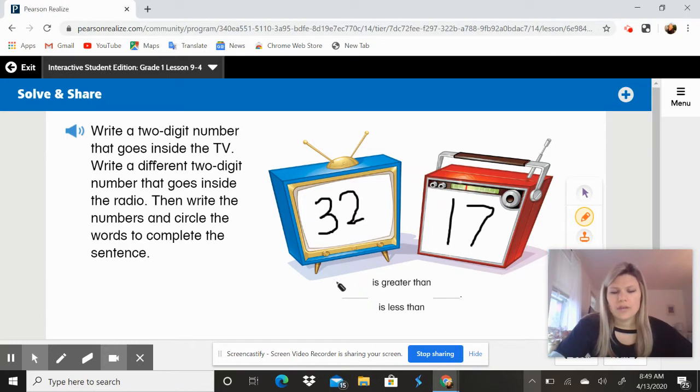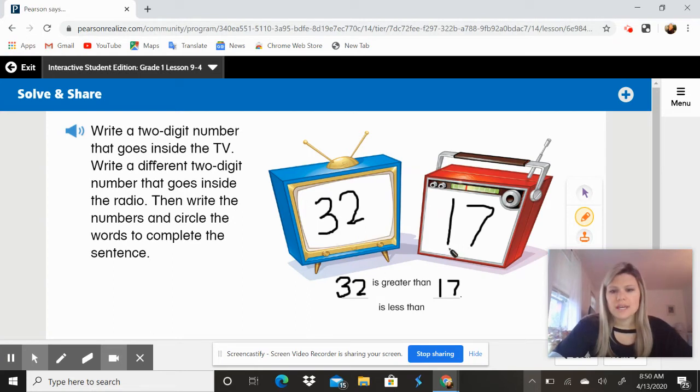Well, we're gonna write it here, 32 and 17. Now we have to decide, is 32 greater than 17 or is 32 less than 17? Remember, first we look at our tens. This has 3 tens.